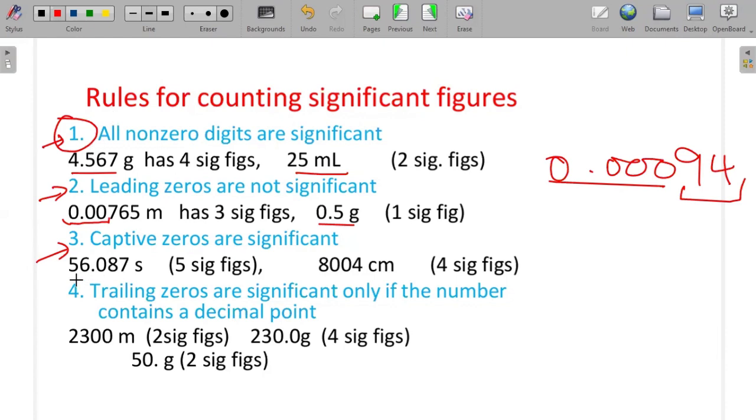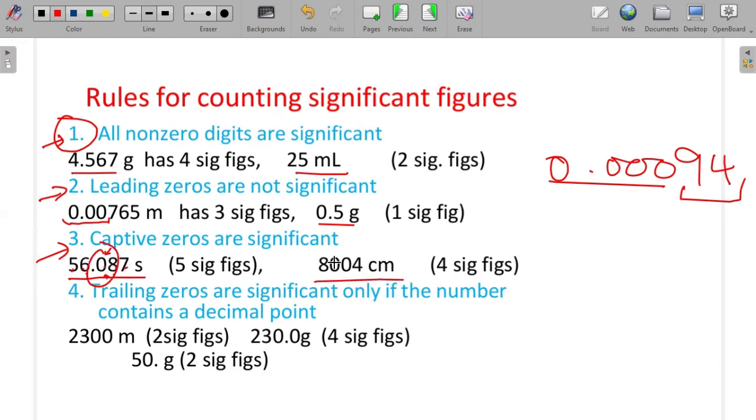You can see in this number here, 56.087, this 0 is between the 6 and the 8, which are non-zero. So we are going to consider this 0 as significant. No wonder when we count the number of significant figures, we are saying 1, 2, 3, 4, 5. Even the 0, we are considering it.